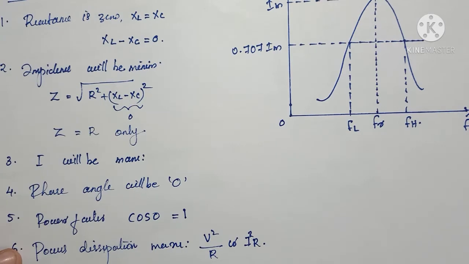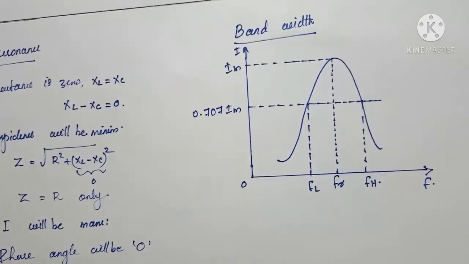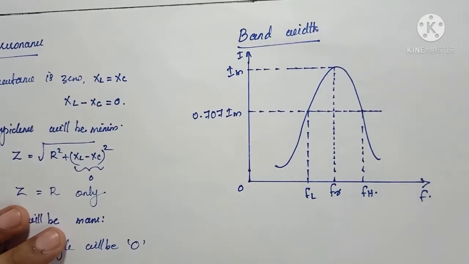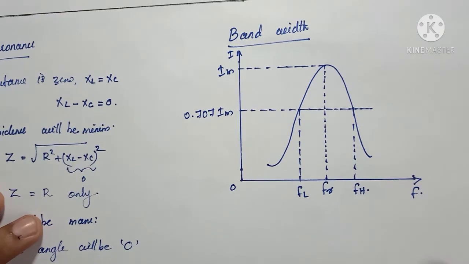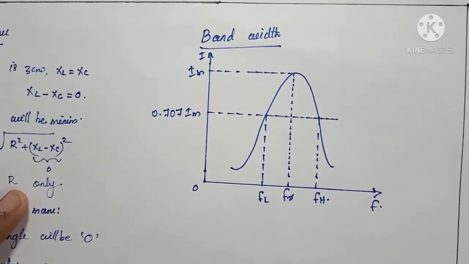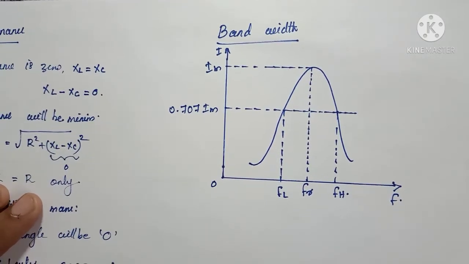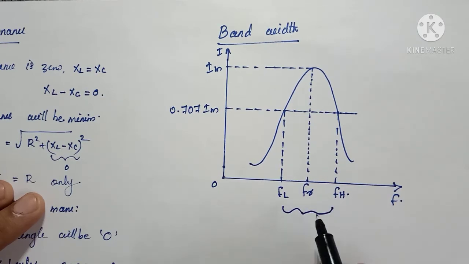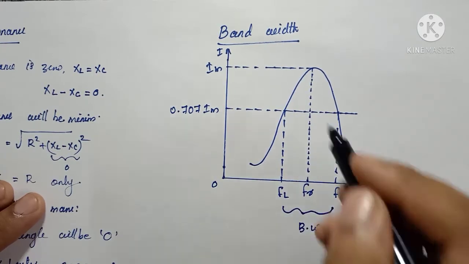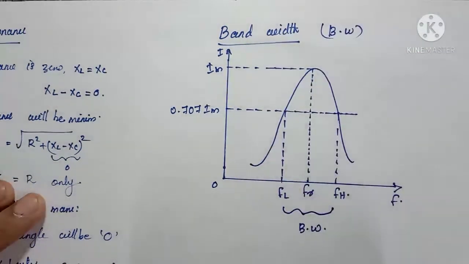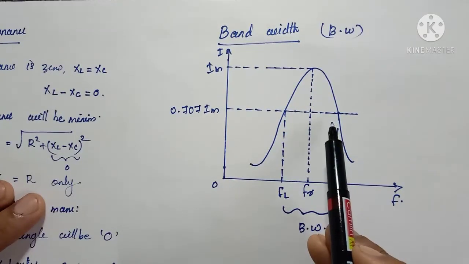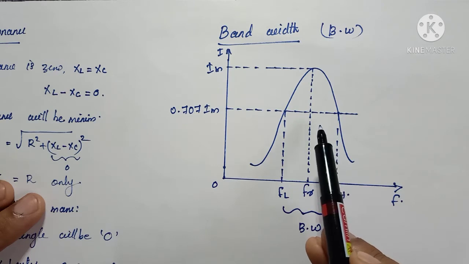Based on this concept we can discuss an important term, that is bandwidth. Here you can see a graph that shows a bandwidth. What is bandwidth? Bandwidth is nothing but a range of frequency. It is the range of frequency at which the circuit can accept or receive the signals.